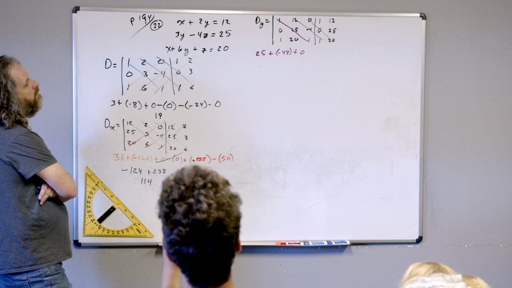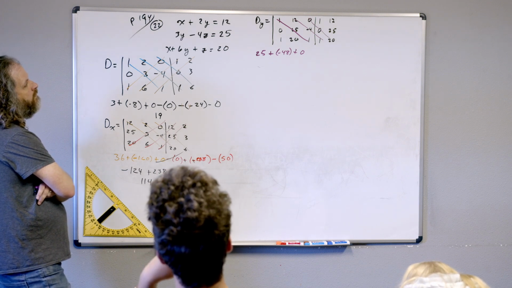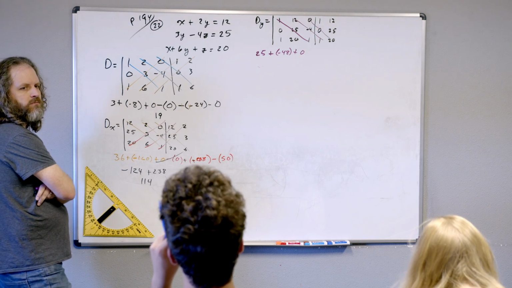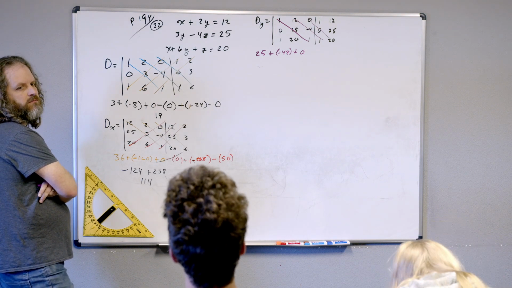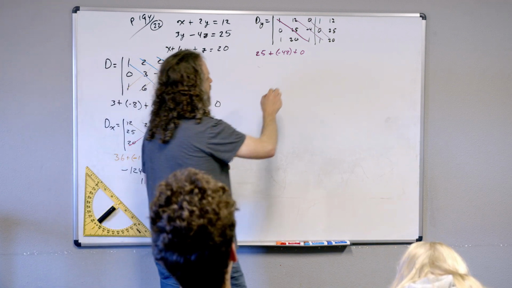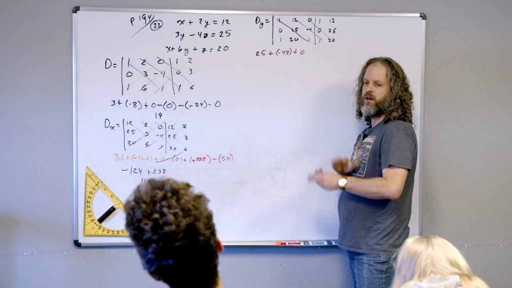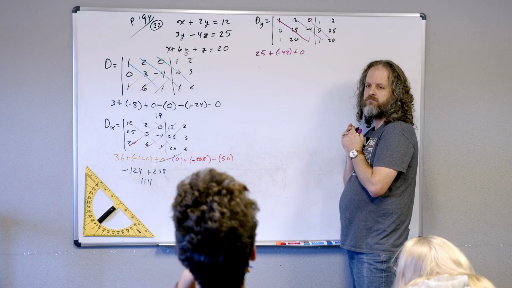Shouldn't it be 0, 1, 0, negative 4, 1? We don't reorder it. We just replace the column. So for the d sub y, we just replace the y column with the result. The other columns stay the same. Okay.